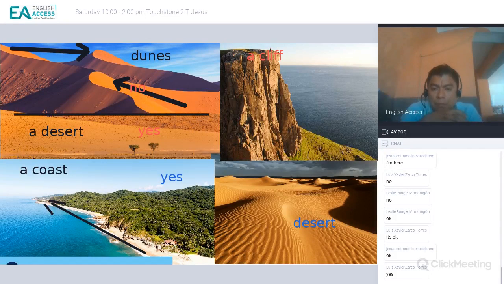Dunes, no. Okay. Coast, yes. And cliffs? Yes, that's right. Okay, let's go for the next set of pictures.